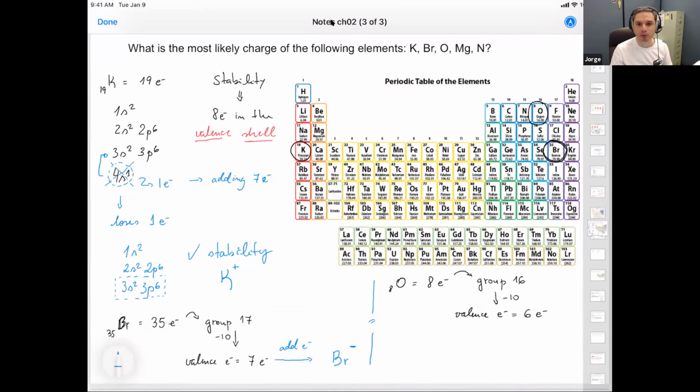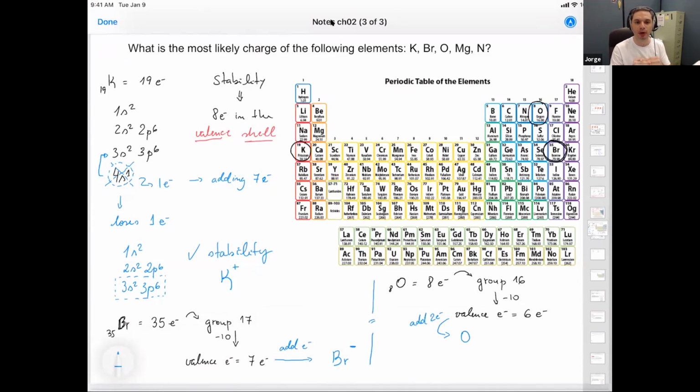In this case, we can either add 2 electrons or lose 6 electrons. The easiest way is to add 2 electrons. 6 plus 2, 8. Now we have stability.